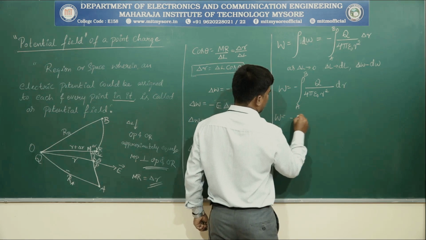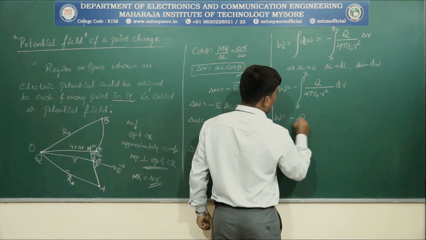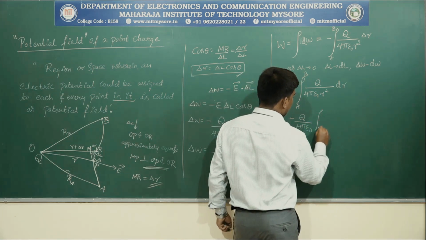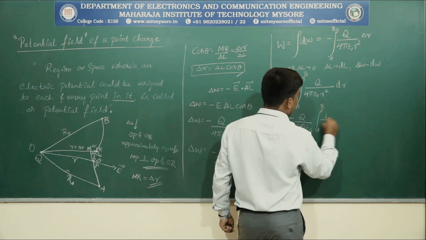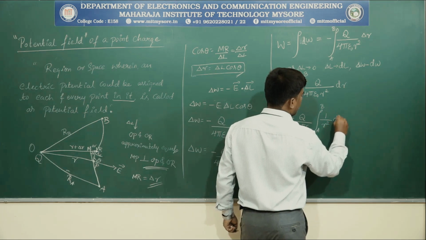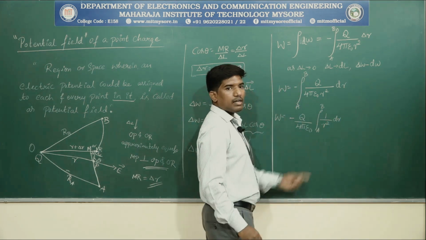Take the constant outside, minus Q divided by 4 pi epsilon naught, integration from A to B, 1 by R square into dr. What is the integration of 1 by R square?